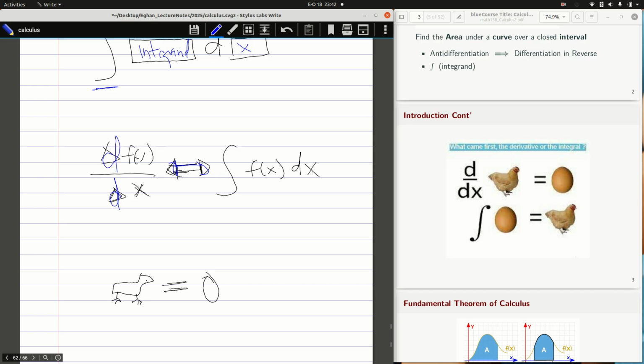And if I integrate the egg, I'm going to get back whatever species I have. So which of them came first? There's a question for you to answer. And so that is the interesting relation between integration and differentiation. Whenever you differentiate, the resulting value, when you integrate, you must get back your original value.